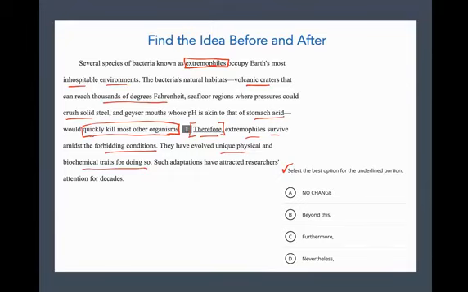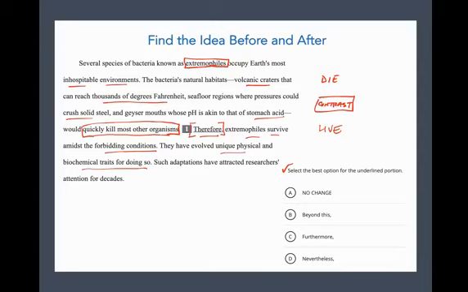Okay, so most organisms would die, transition. These bacteria, extremophiles, survive. They live. Keep it as simple as you need to. If others are dying and these live, I need some type of contrast, right? Those are very different things, being alive and not being alive.